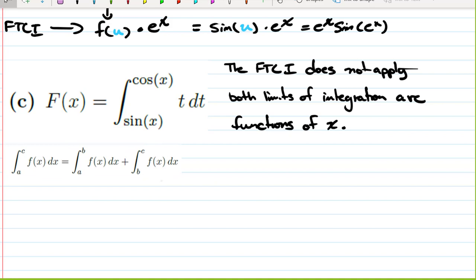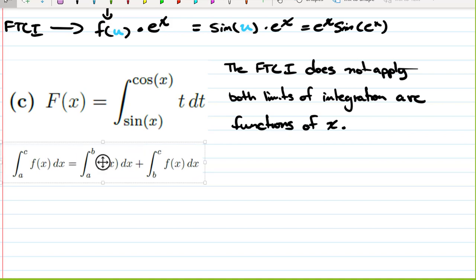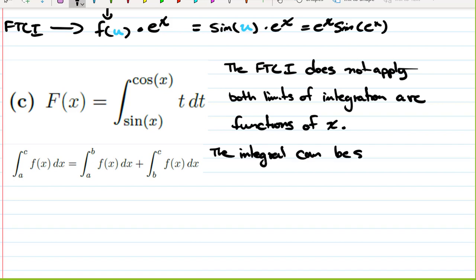So we can rewrite the integral, it can be split into two different integrals.